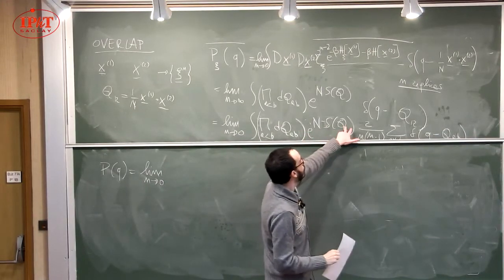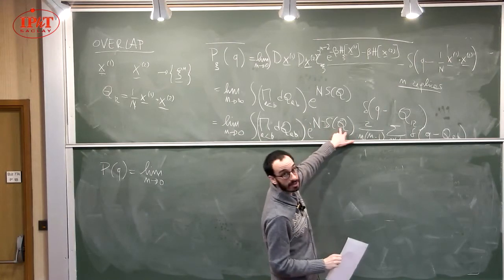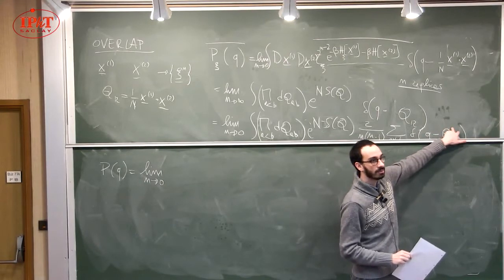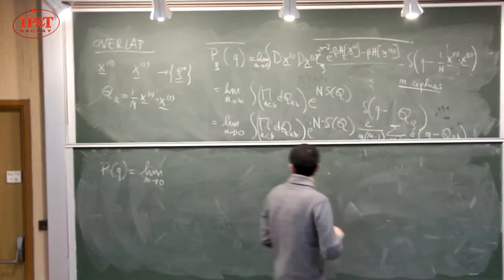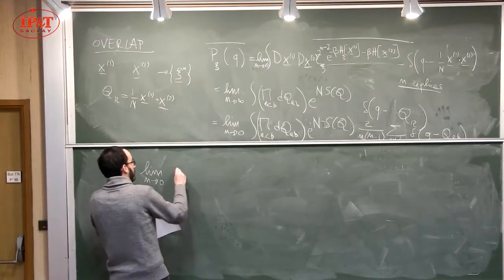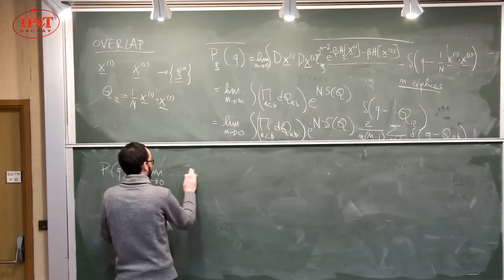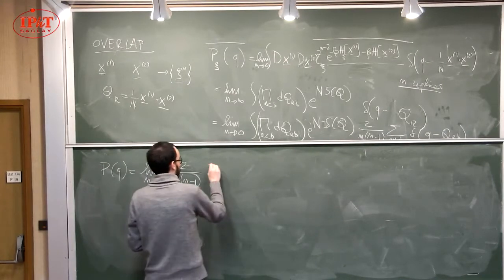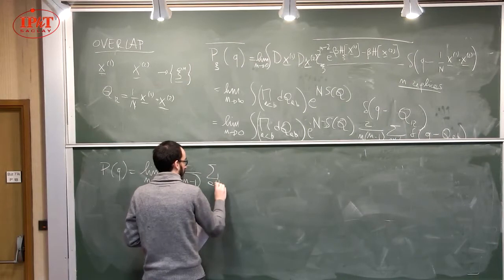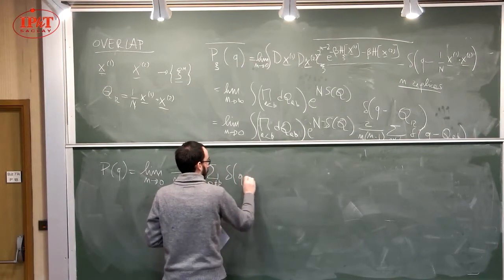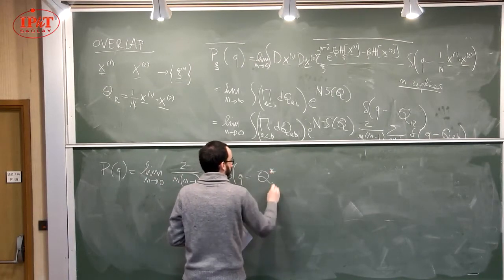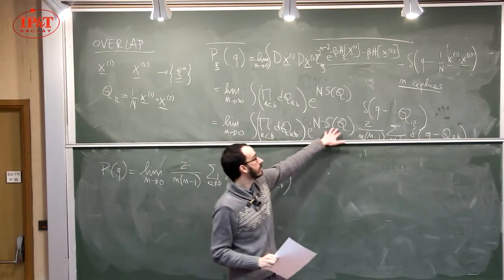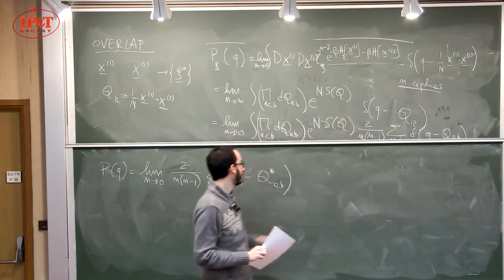When I have to compute this integral, I use again saddle point. So inside this delta, I have to put the saddle point value of Q, right? And so if I do that, I just get 2 over n. Let me call Q star the saddle point value, the saddle point that I get from this.